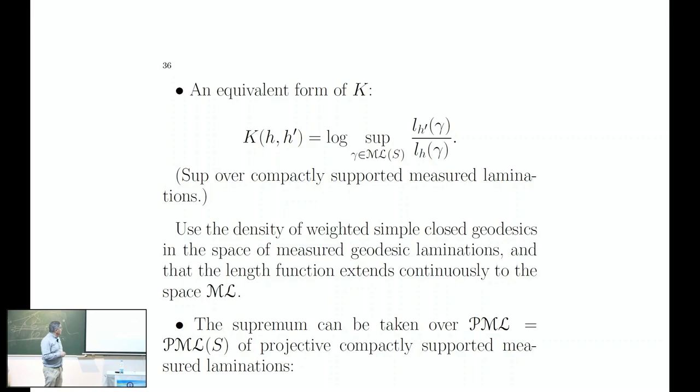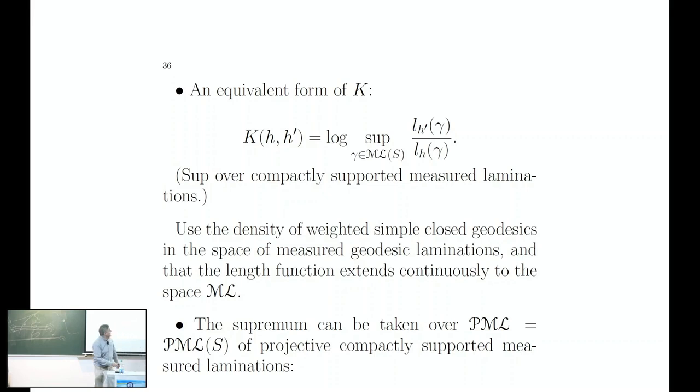And now, something which I mentioned last time about measured foliations: I explained to you that there's a natural one-to-one correspondence between measured foliations and measured laminations. Last time we said that the space of measured foliations is compact and homeomorphic to a sphere of some high dimension, and it is the Thurston boundary of Teichmüller space.